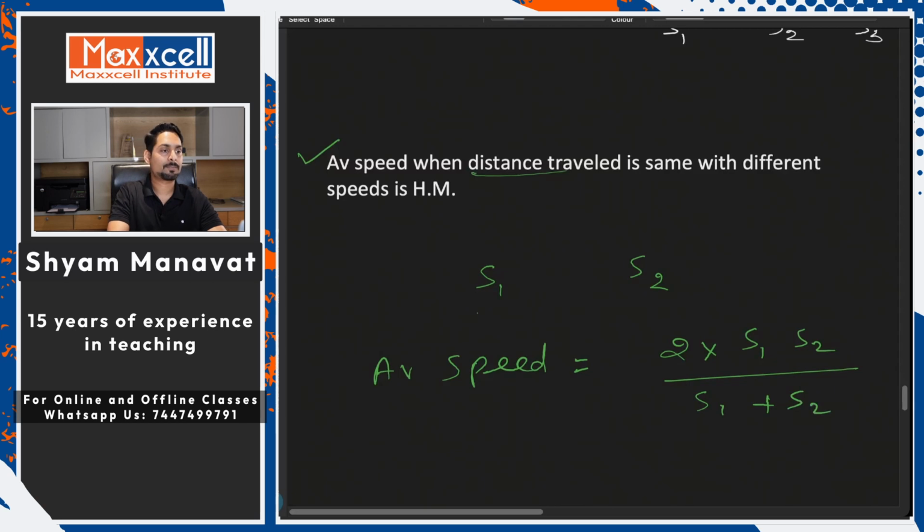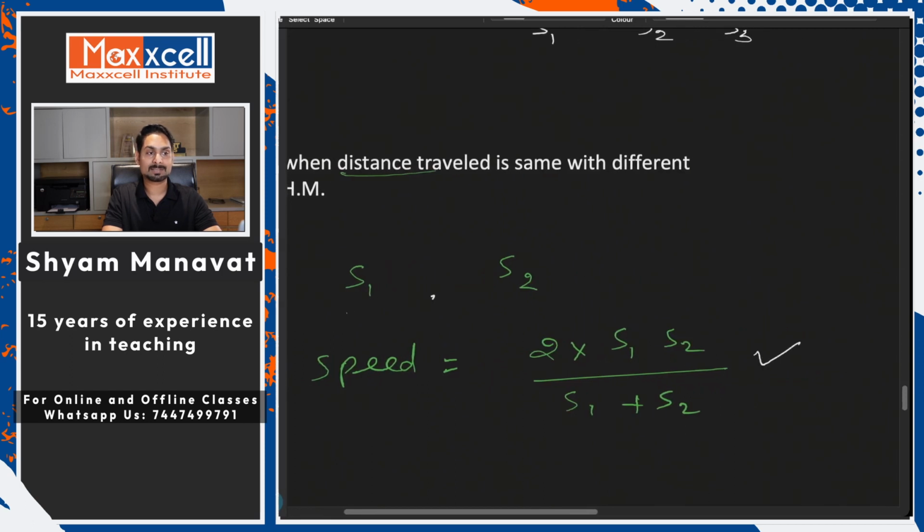So remember, note this formula also. Only in case of two different speeds and distance traveled being the same, the average speed can be written as 2 into S1 into S2 by S1 plus S2. How do you get to this conclusion? By simplifying the harmonic mean for two numbers.